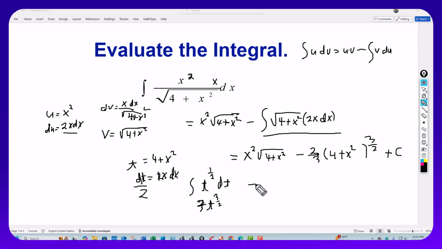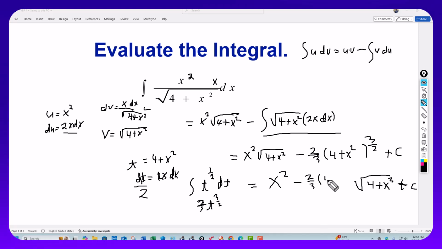Sometimes you'll see this simplified, so let's go ahead and simplify this. I'm going to take out a factor here. Got the square root of 4 plus x squared and 4 plus x squared to the 3/2 power. So I'm going to take out the radical, the square root of 4 plus x squared. Got the constant of integration over here. So when I factor out the square root here, that'll leave me with an x squared out in front here. And on this one, I'll be left with a minus 2/3 times 4 plus x squared to the first power.